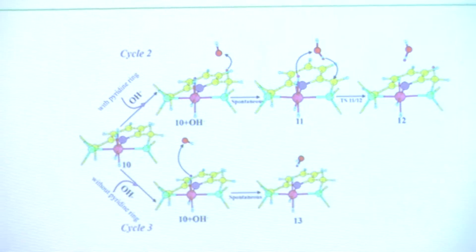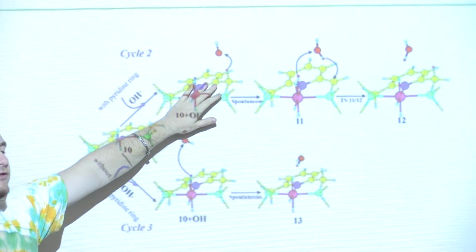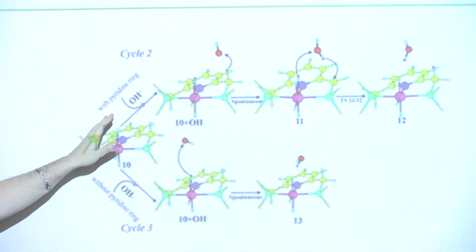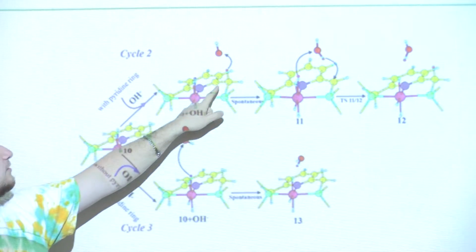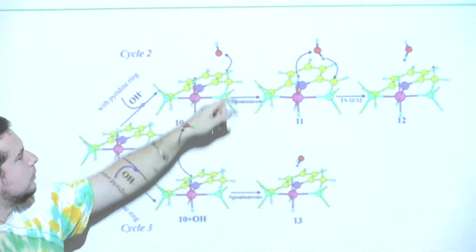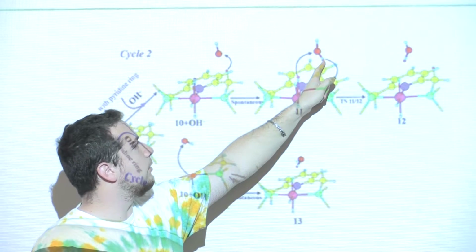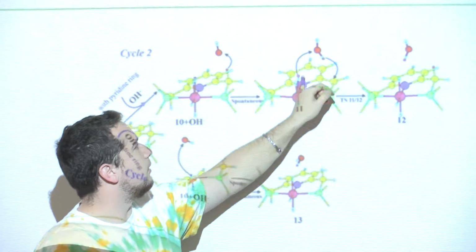But we can do it by attacking the pyridine ring first, where this OH minus group is added to the solution. It takes this hydrogen from this part here, which makes no sense because it will take a lot more energy to then break this bond here, to put it back, and then extract this part here.